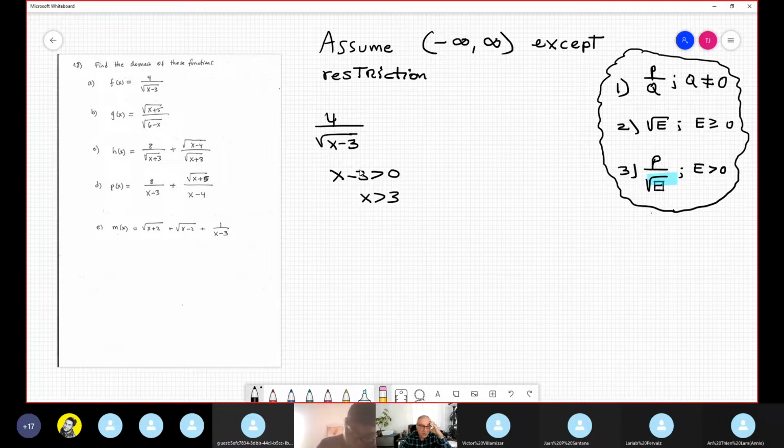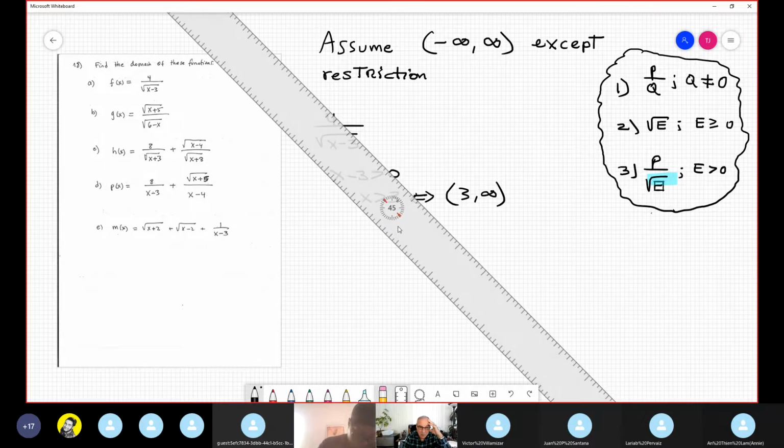Okay, this is the answer, right? However, they want interval notation. Always on the test, declare the domain using interval notation. This is equivalent to saying parenthesis 3, infinity. Do you understand this or no?